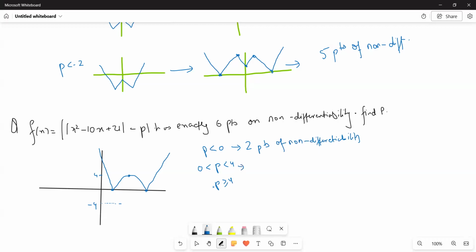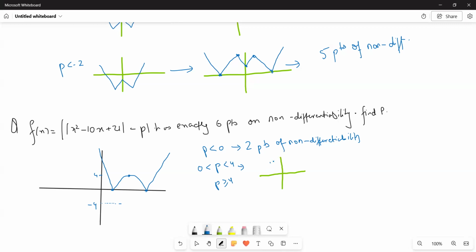If p lies between 0 to 4, then this will be the case.